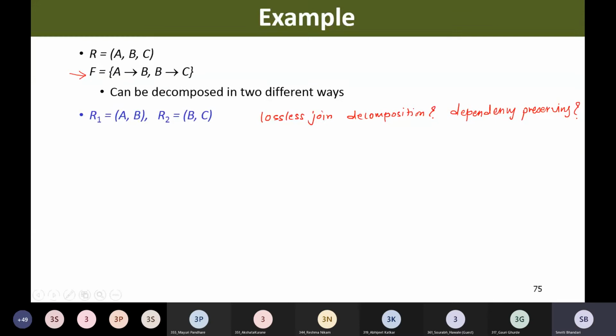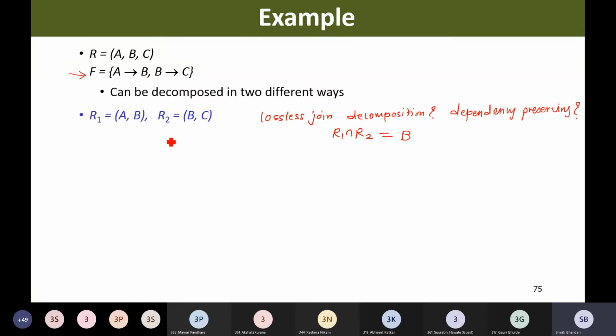In the last class, we saw the concept of lossless join decomposition. When we say the decomposition is lossless join, we try to find the intersection of R1 and R2. So here, what is my intersection of R1 and R2? B. Right. So I have B as the intersection.